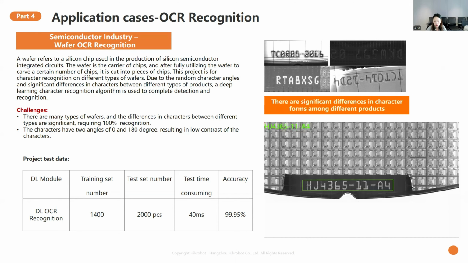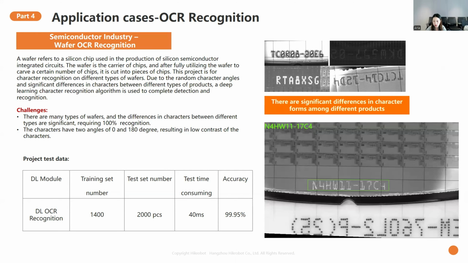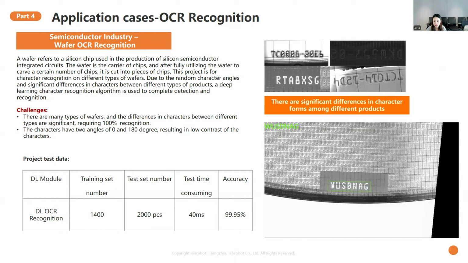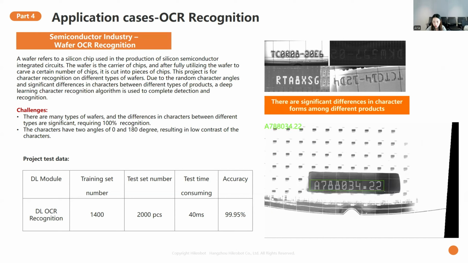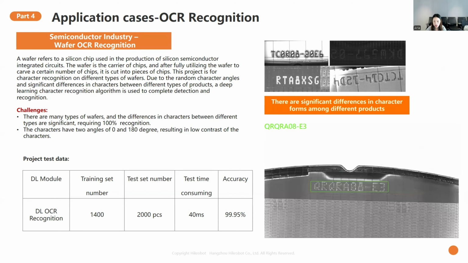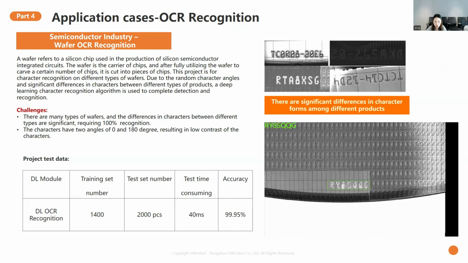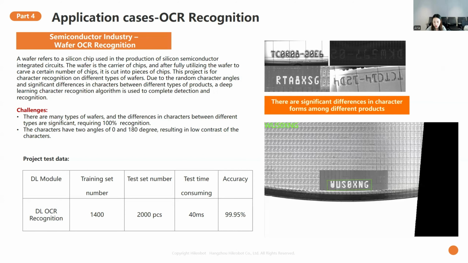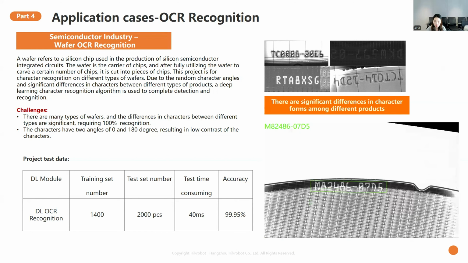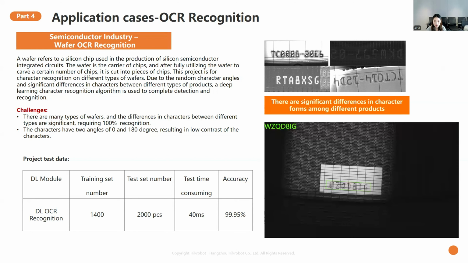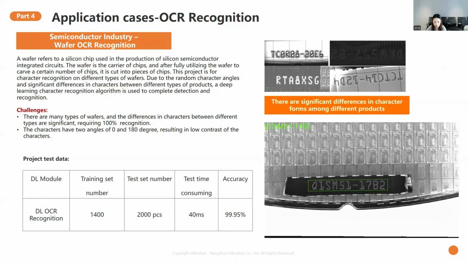From the pictures and videos on the right, you can see that the characters in the semiconductor industry are totally different from traditional OCR, so the traditional OCR algorithm cannot be used to properly recognize those characters. This is why we specifically developed a dedicated semi-OCR algorithm model for this project.